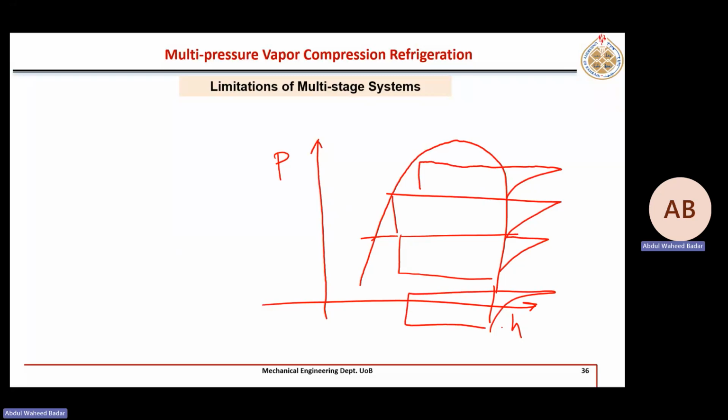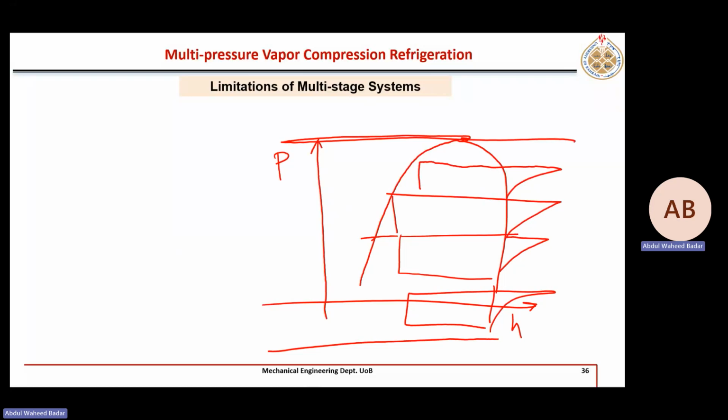Yes, but if the freezing point of this fluid is very low, and what is this point? Critical point. If you have a fluid with a very high critical point and very low freezing point, then we can operate in this region.